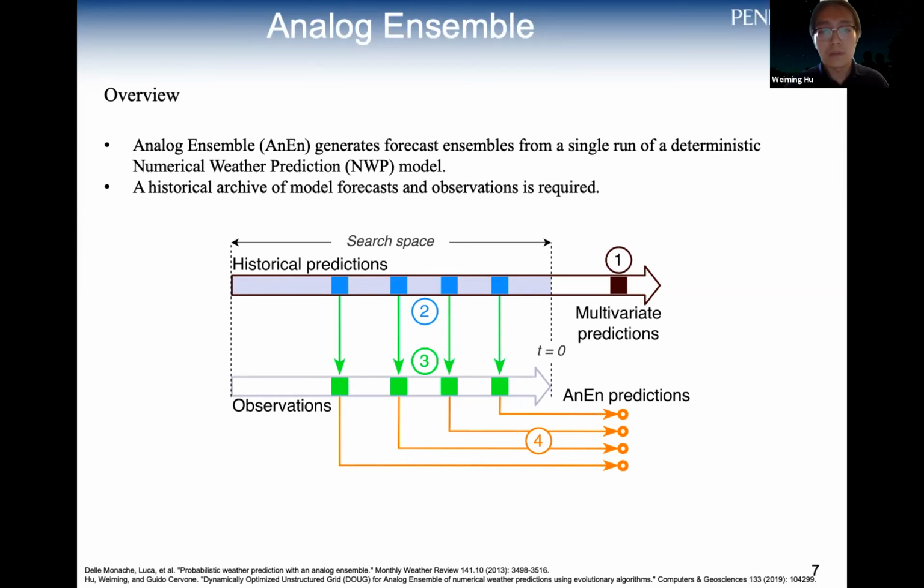And then third, once we identify the most similar forecasts, we query our observation database and see what the actual observed values were from those days. And finally, we directly use the observation values as our ensemble members. So there is a shift between the most similar forecast and using the associated observation as the ensemble. That is the key idea of analog ensemble.